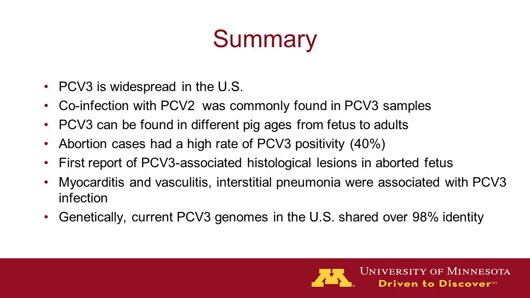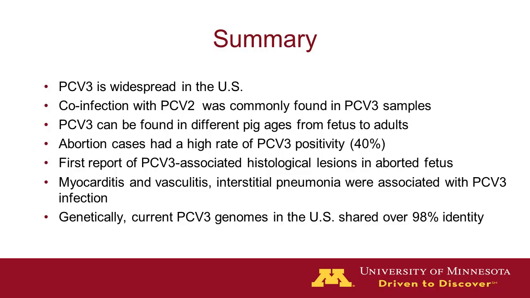The co-infection of PCV2 is commonly found, and we think it is associated with PCV3 infections. There's also a higher rate of PRRS, but we didn't find an association between PRRS and PCV3. PCV3 can be found in different pig ages, from fetus to adults, and in multiple specimen types. Abortion has a higher rate in our clinical signs, about 40% positive.